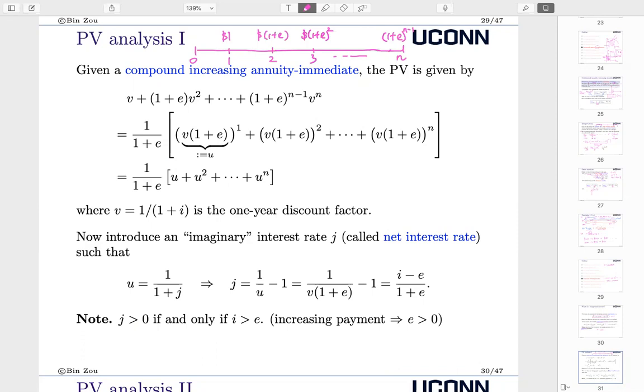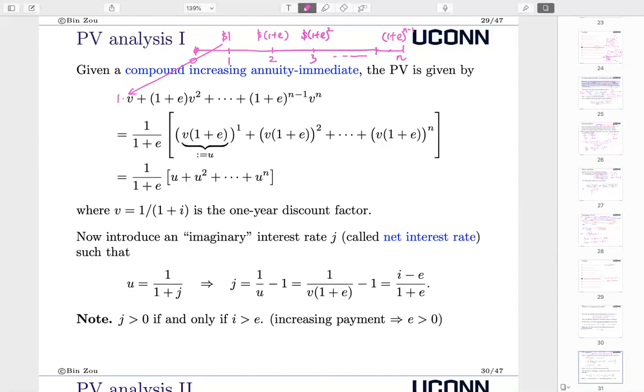So now we want to know the present value. Present value here is the value at the beginning of this special annuity. So for the first payment, $1, it's actually 1 times v. In order to convert the amount of $1 at time 1 to time 0, you need to multiply by the 1-year discount factor v.